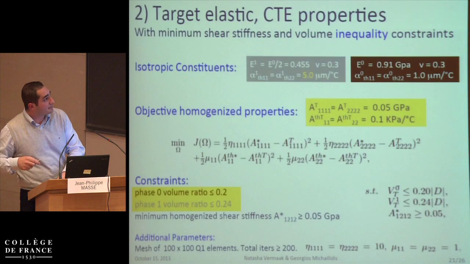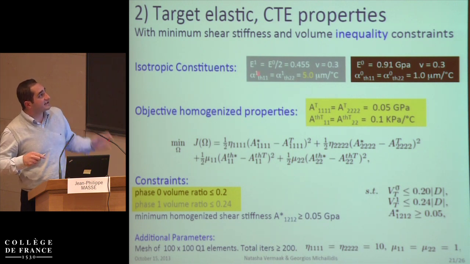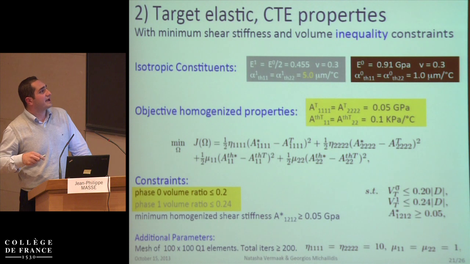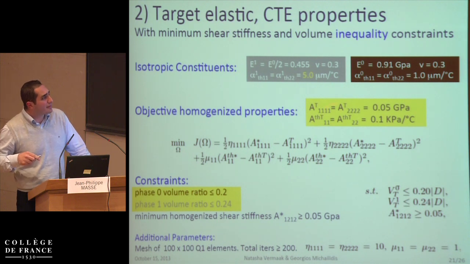So in the second example, we will use again 2 materials. Material 1 has again half of the Young modulus of material 0, and thermal strain coefficients 5 times higher than the ones of material 0. And we would like to approach some target coefficients for the elasticity tensor and the thermal stress tensor.